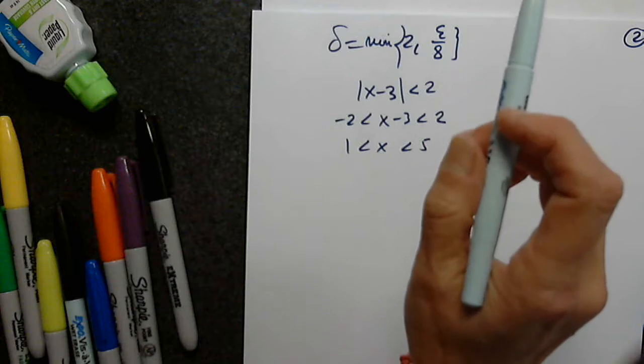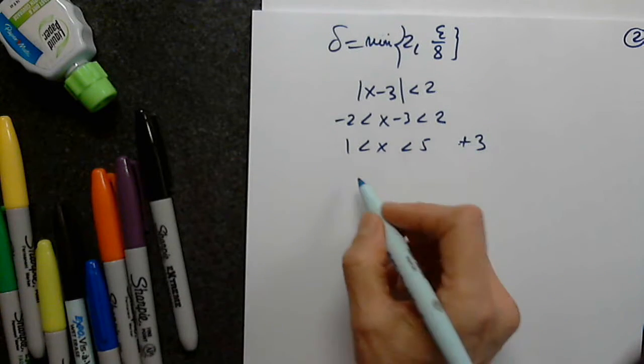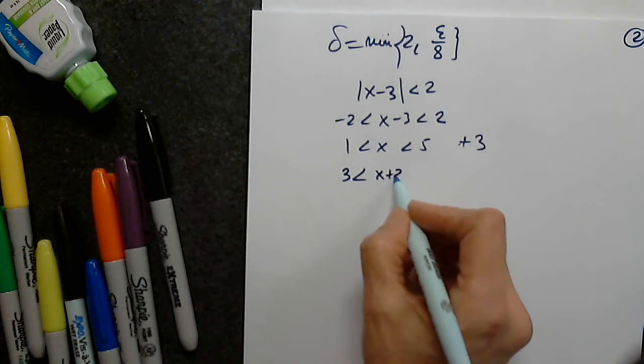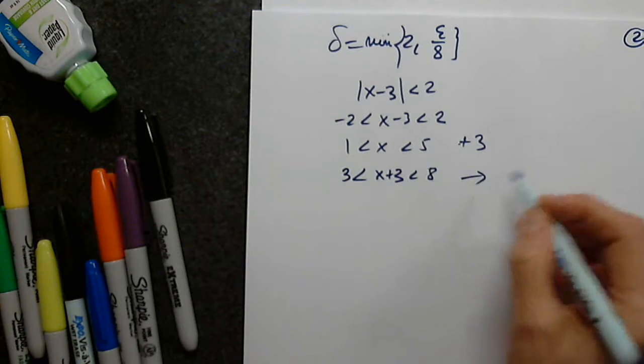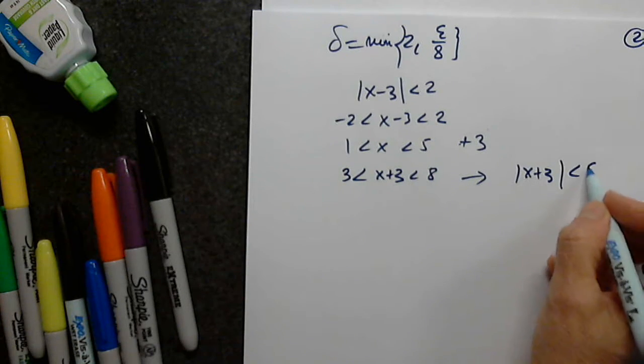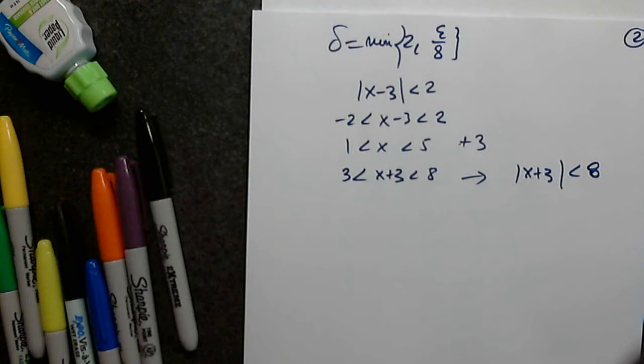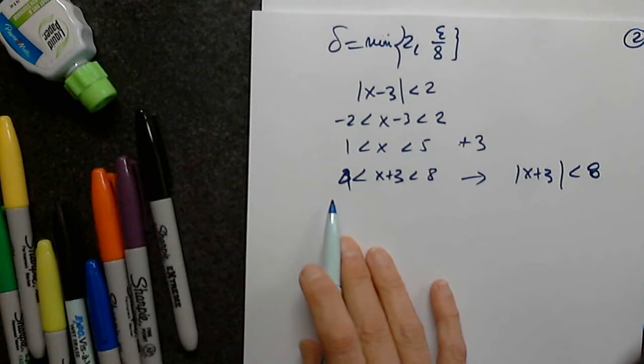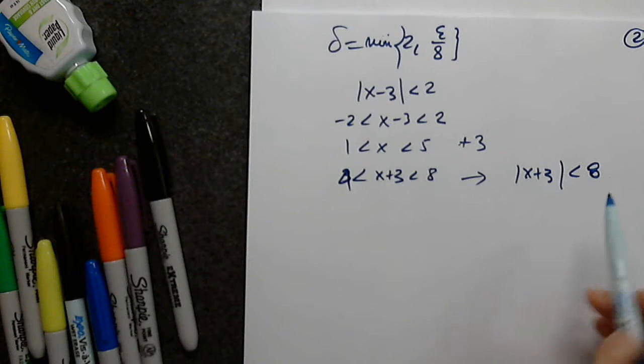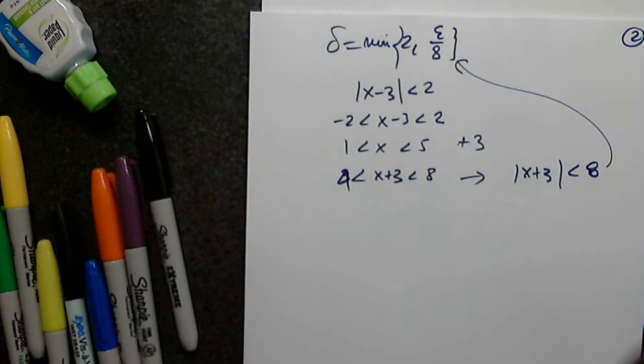Adding 3 again, 4 less than x plus 3 less than 8. Oh, the left side should be 4 instead of 3. Thank you. So of course you cannot use the absolute value of x plus 3 being less than 4. You have to use 8. That's how you get that.